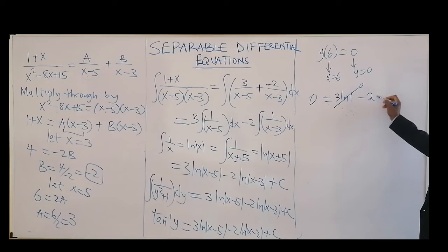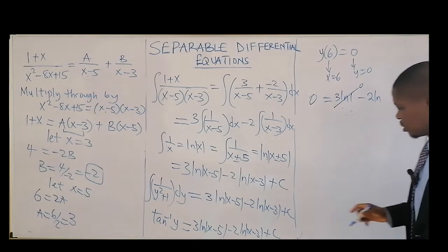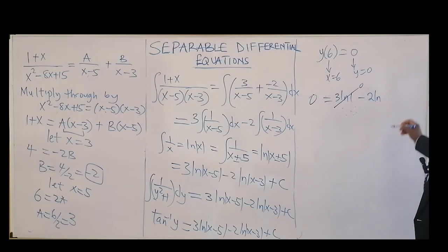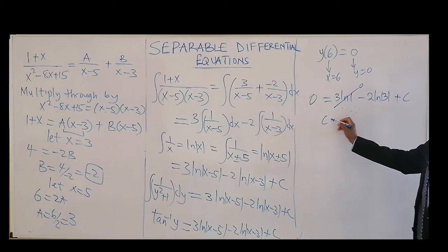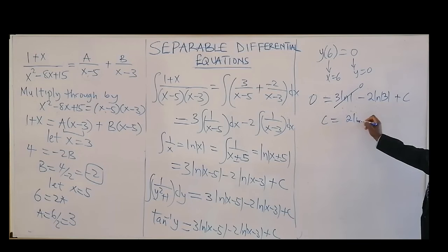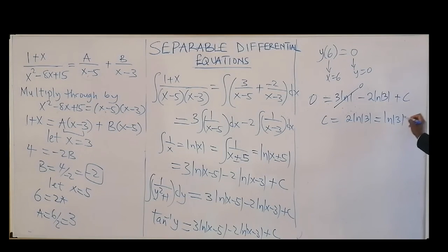Okay, then minus 2 ln(6 minus 3), that's ln 3. Okay, plus c. So we can move this one to the other side, and that will be c equal to 2 ln 3. Okay, so that's the c. And if you want to go further, this is equal to ln 3 squared, which is ln 9. So we've gotten the c value.